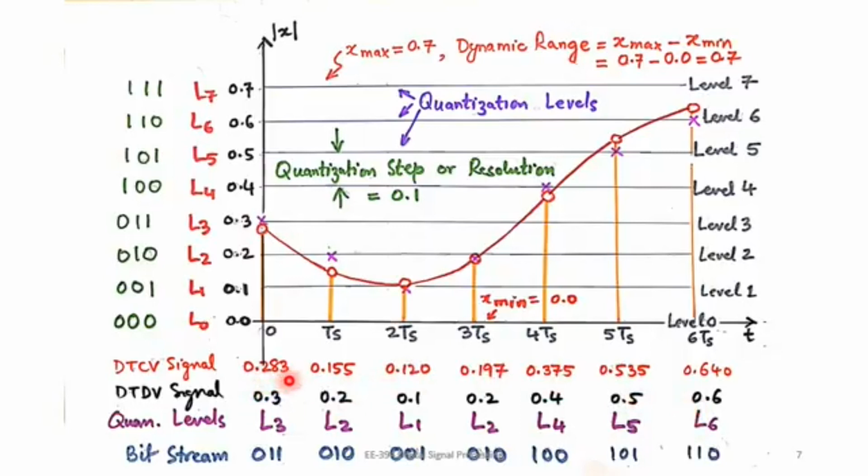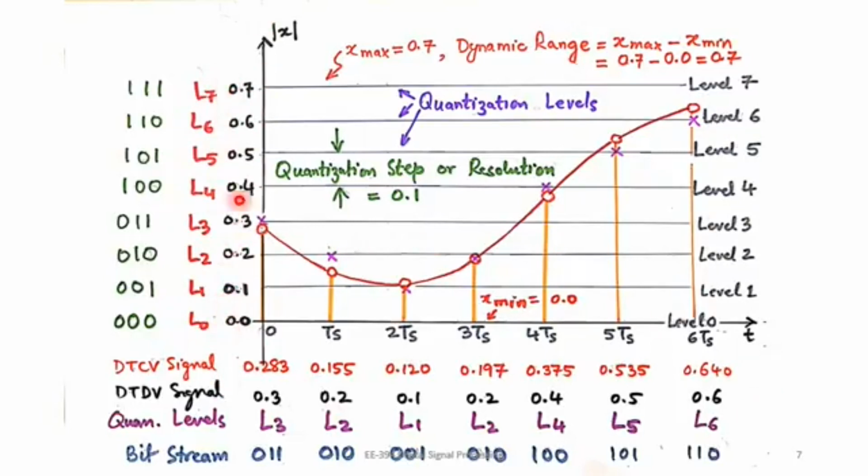Now you can see there are differences between the discrete time continuous valued signal and the discrete time discrete valued signal. This difference is called quantization noise. You measure the difference between each pair of samples and add them all up, and then we get the quantization noise. So if you want to keep the quantization noise low, then we have to increase the number of levels.